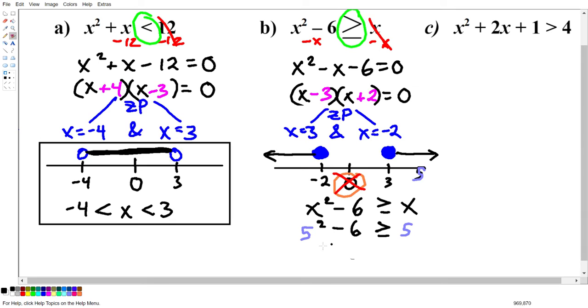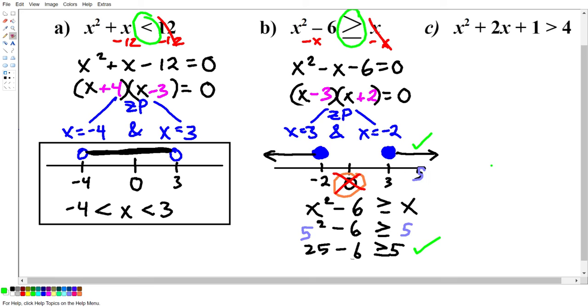25 minus 6, is that greater than or equal to 5? Yeah, that's going to be a pretty big number. 19 is for sure going to be greater than 5. So 5 is a solution. Now, you can plug in a negative number as well to see if region A will work.